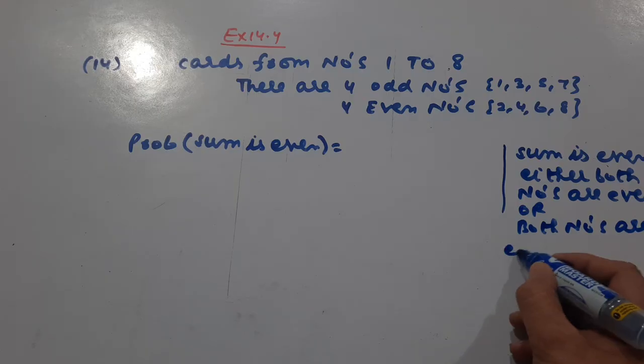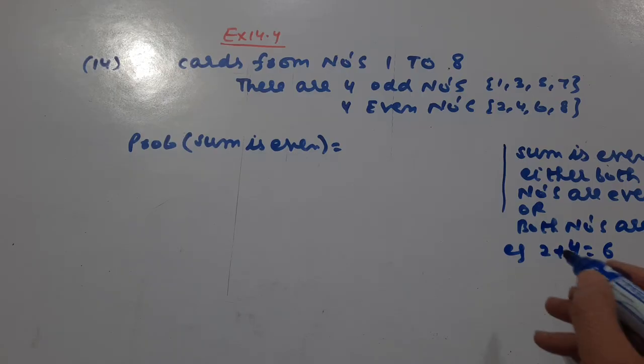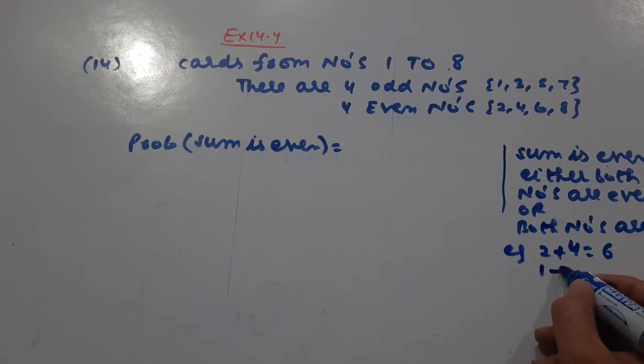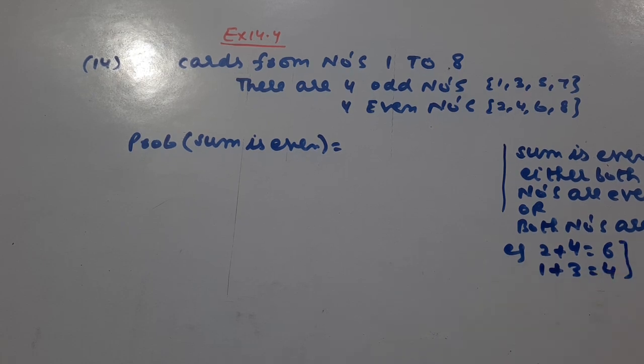For example, if we add even plus even, then we get an even sum. Or if we add odd plus odd, two odd numbers, then also the sum is even. So the sum is even when both numbers are odd or both numbers are even.